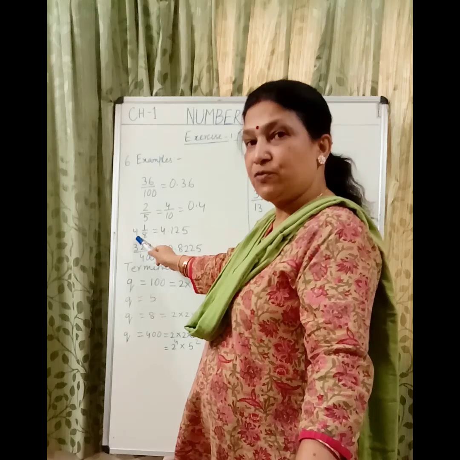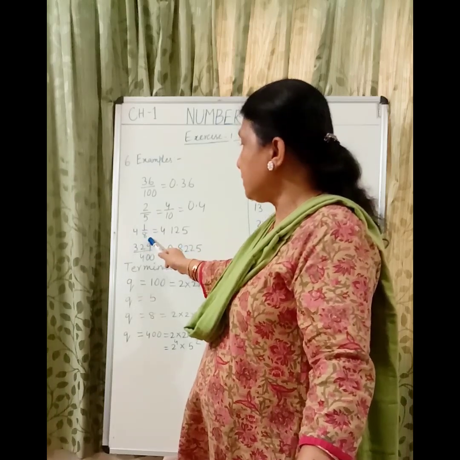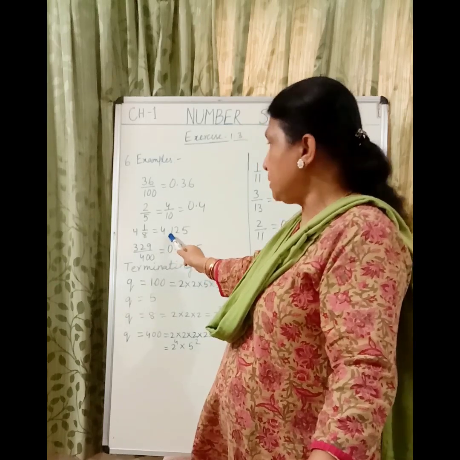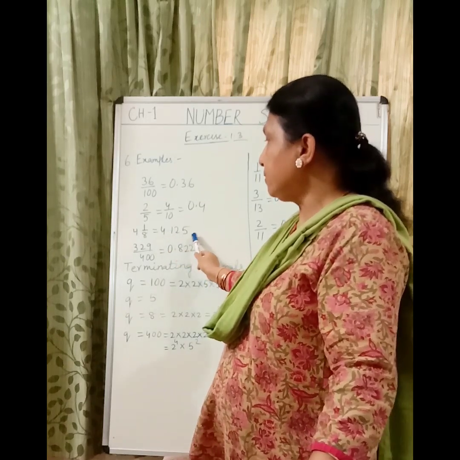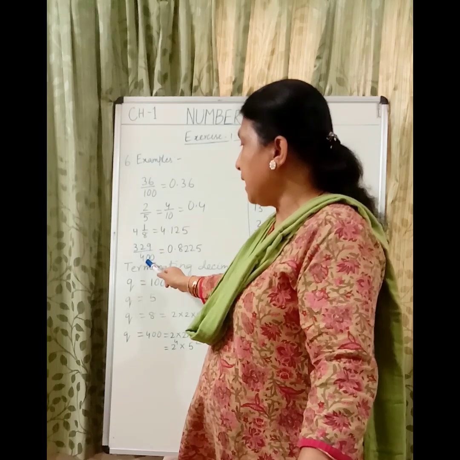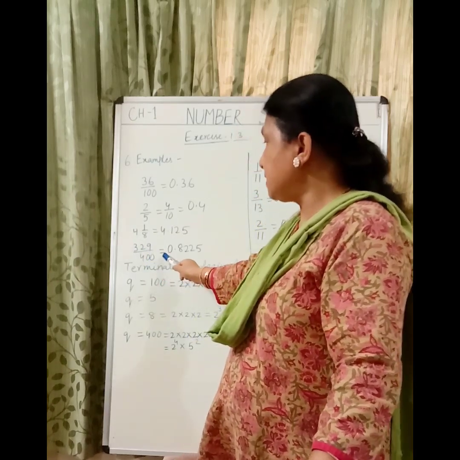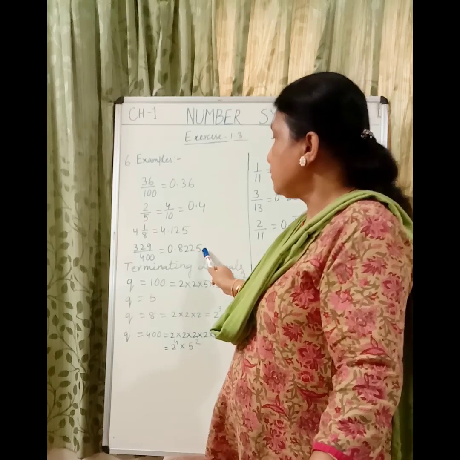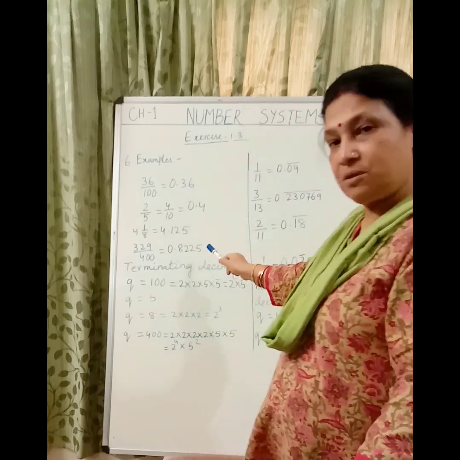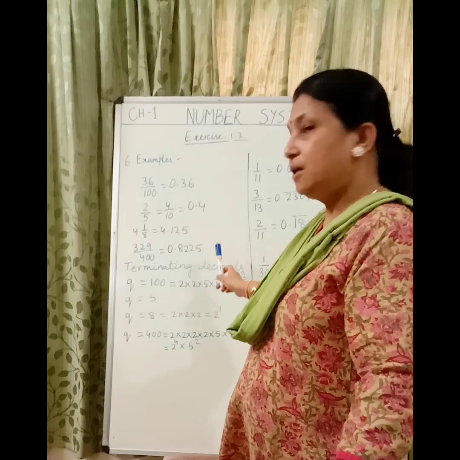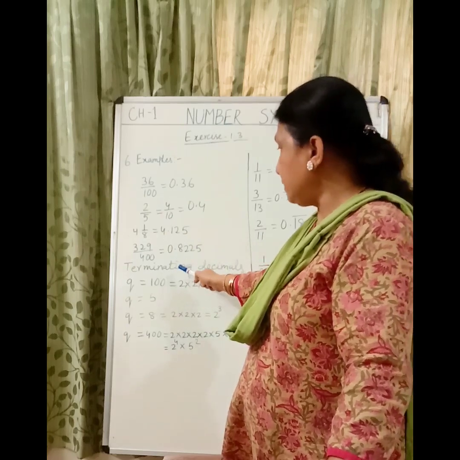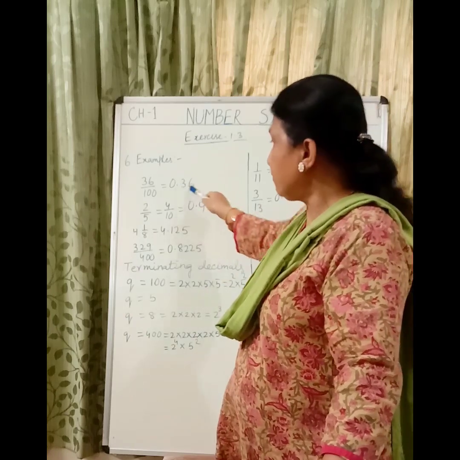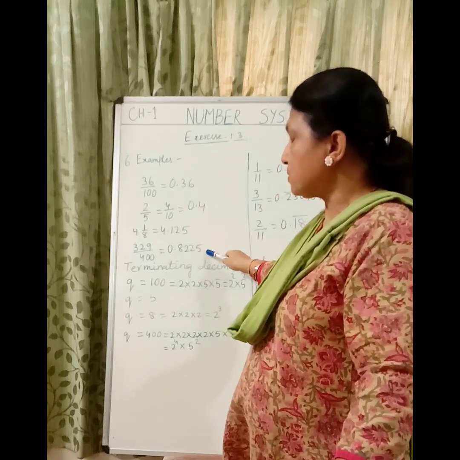Then here it is a mixed fraction, 4 whole 1 upon 8, where 4 is the whole number, so this is 4.125. And then 329 divided by 4, which is equals to 0.8225. So all the fractions, when we have changed into decimals, we are getting terminating decimal expansions.